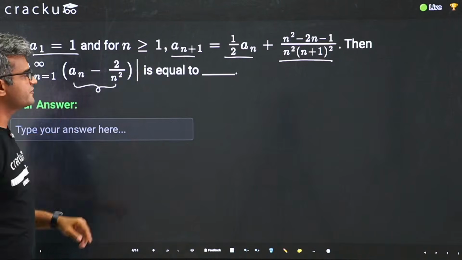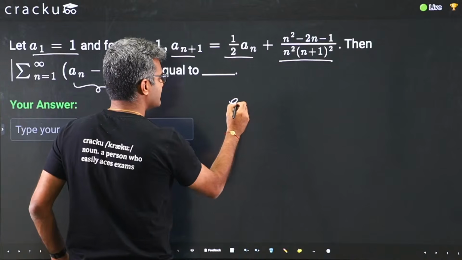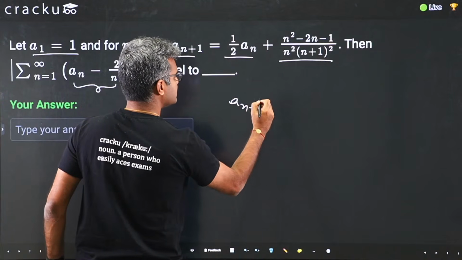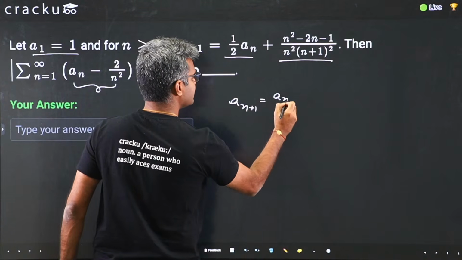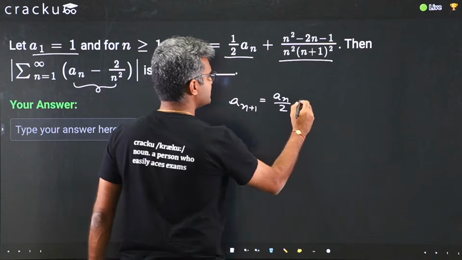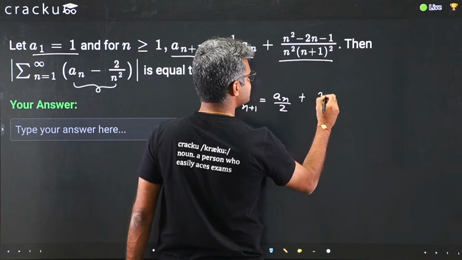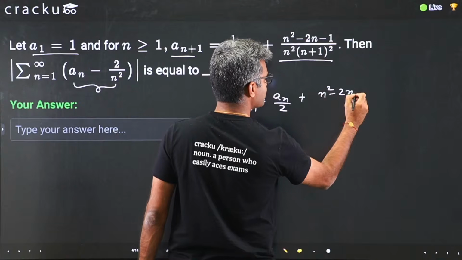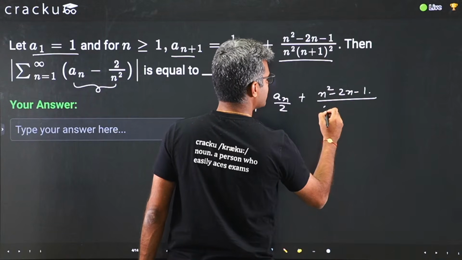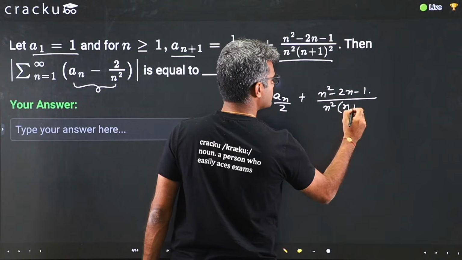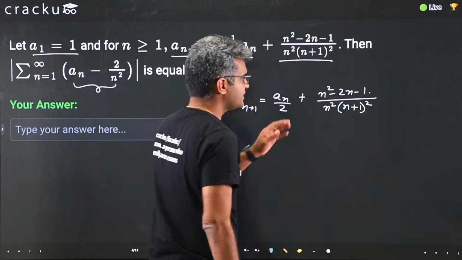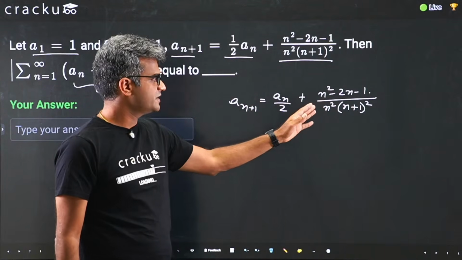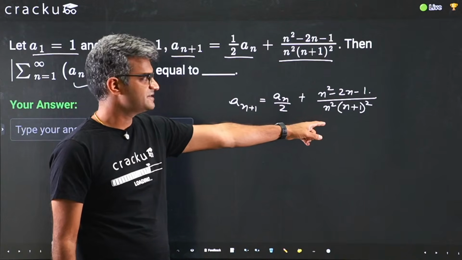But let us try to simplify whatever information we have about a(n+1). This is an/2 plus (n² − 2n − 1) divided by n²(n+1)². So we have n² − 2n − 1 and (n+1)² in the denominator.